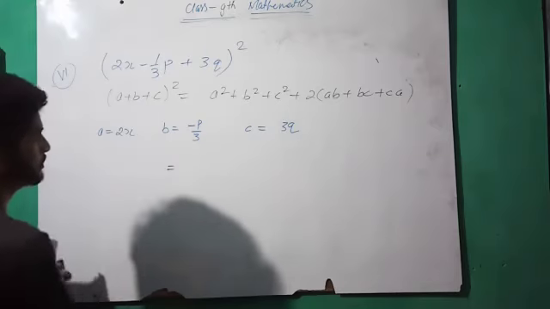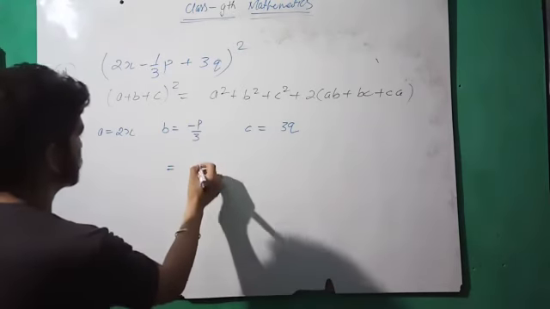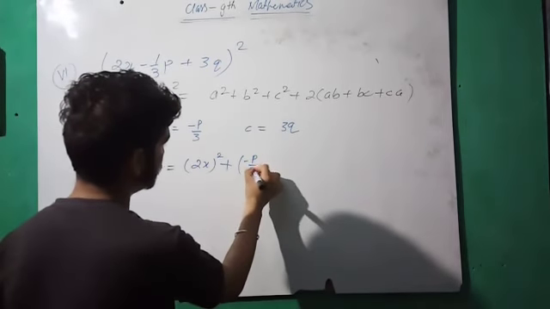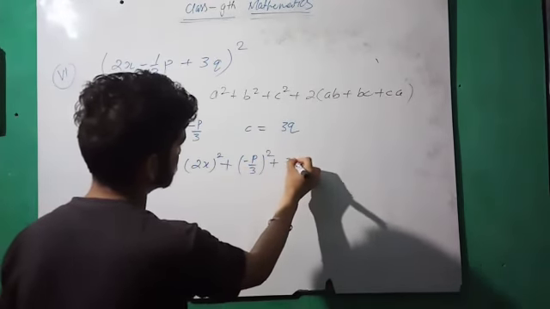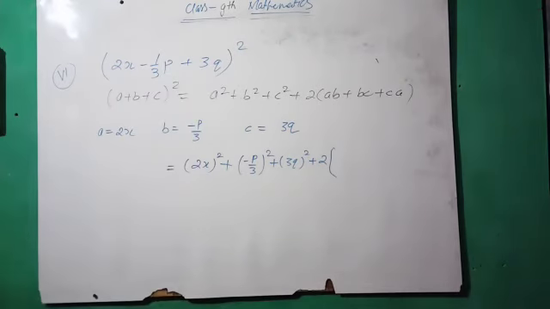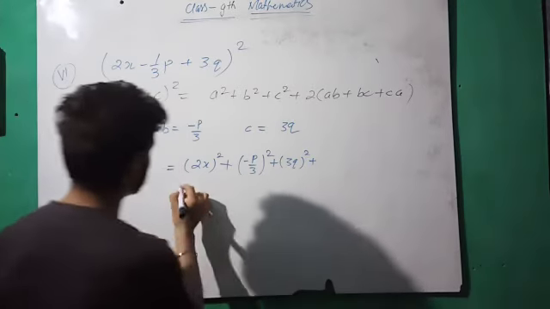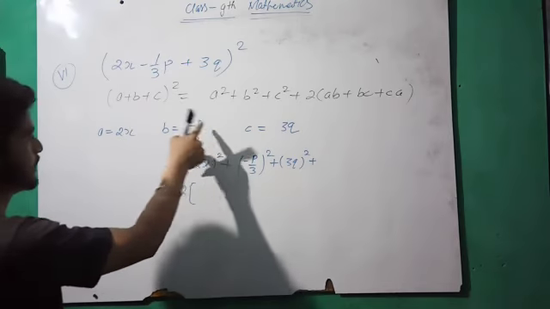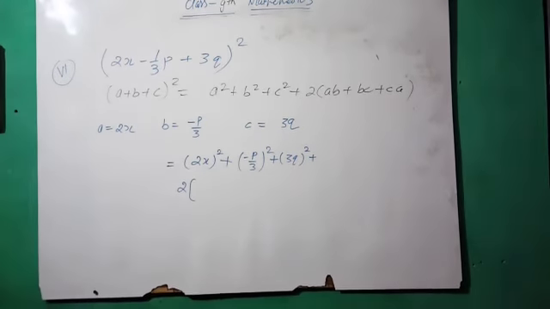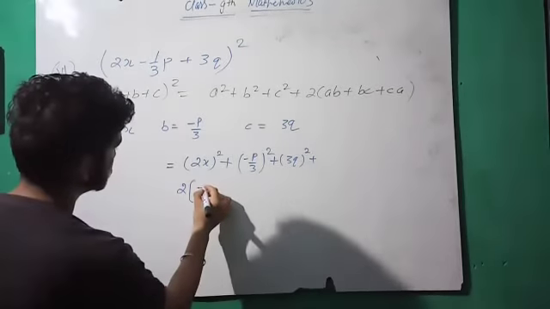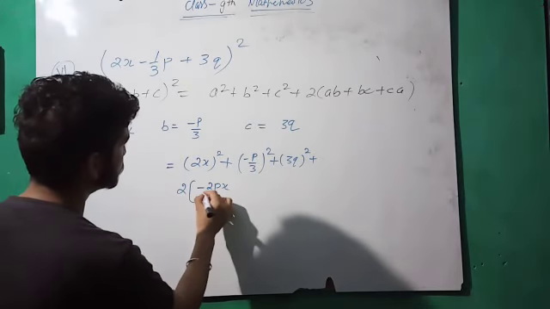Okay, now put in the formula the values: a, (2x) whole square, plus b, (minus p by 3) whole square, plus c square, (3q) whole square, plus 2ab. So what is the value of 2ab? ab is 2x into minus p by 3, so minus 2px upon 3.